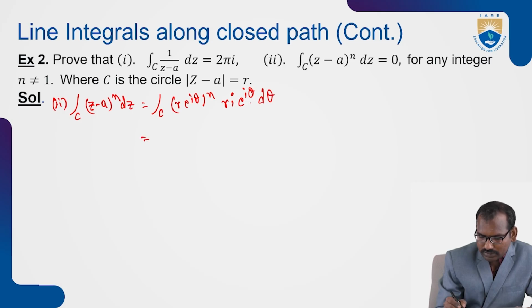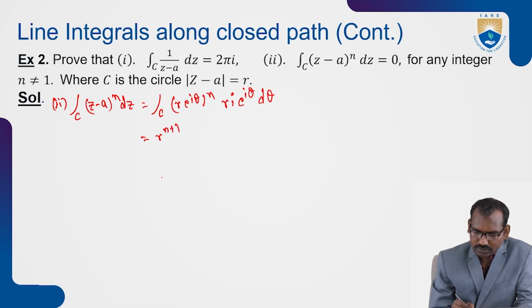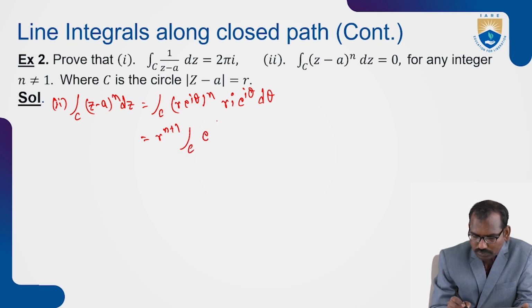So I can write it as r power n plus 1, and integration along C of e power i times (n plus 1) times theta. So there is i also here.